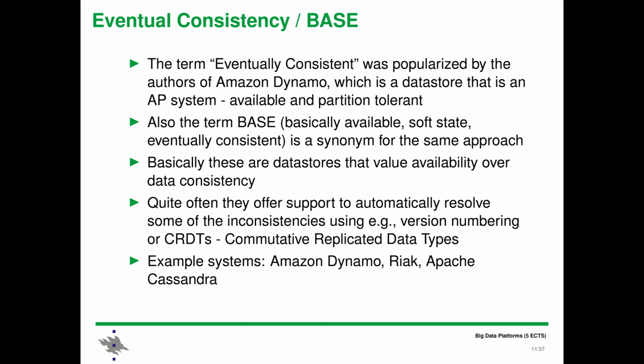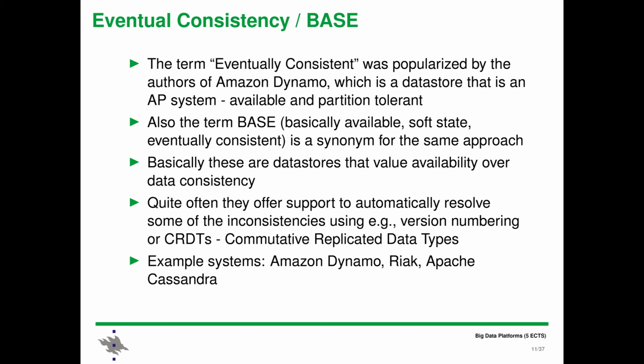So eventually consistent doesn't mean that it's consistent. It doesn't mean it's a CP system. It's an AP system. It means that when you query data from the database and there are conflicting versions of it, the database system will tell you, here are the conflicting versions of this row in the database. Please merge them.